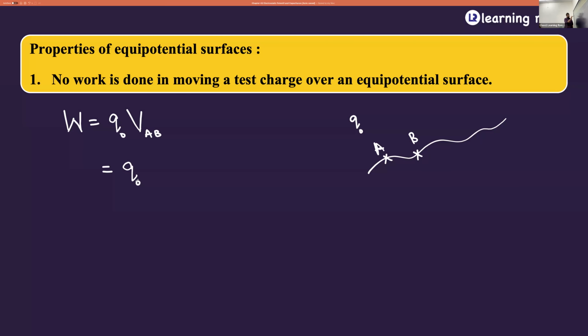Now, what is the potential difference between the points A and B? It is 0. So Q naught multiplied with 0 gives us 0. That is the reason why work done in moving a test charge on an equipotential surface is always 0, and this point is often asked. Are you able to understand the logic? Yes, you can make a note of this point.